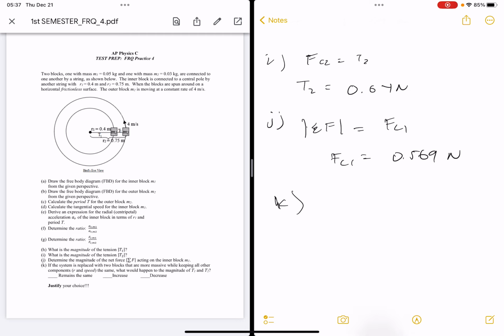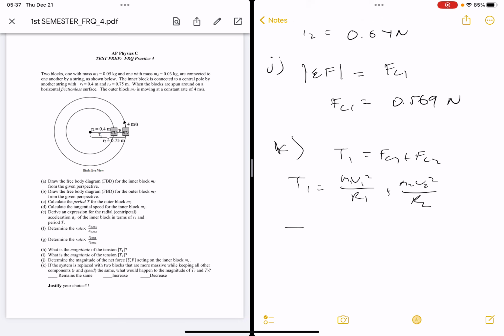Okay, so if you increase the mass, we'll keep everything else the same. First I'm going to set up the formula for each tension, which we found already: T1 equals FC1 plus FC2. And if we expand this, it's M1 V1 squared over R1 plus M2 V2 squared over R2. Same thing with T2. FC2 equals M2 V2 squared over R2.